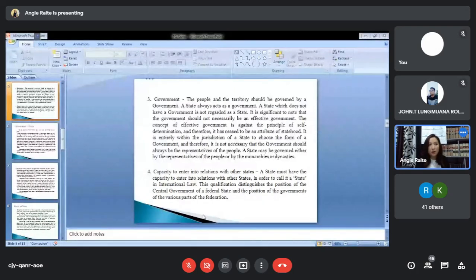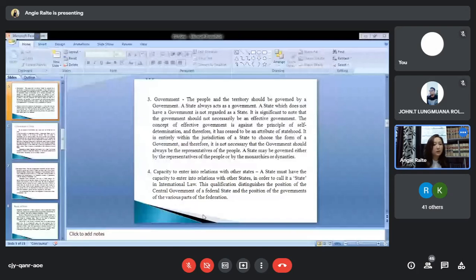But in England and elsewhere, they have their monarch. They didn't elect their leaders. So a state may be governed like in India or like in England. Monarchies or dynasties may be there, representatives may be there. They can both be called a government, who govern the territory and control the people within the state.